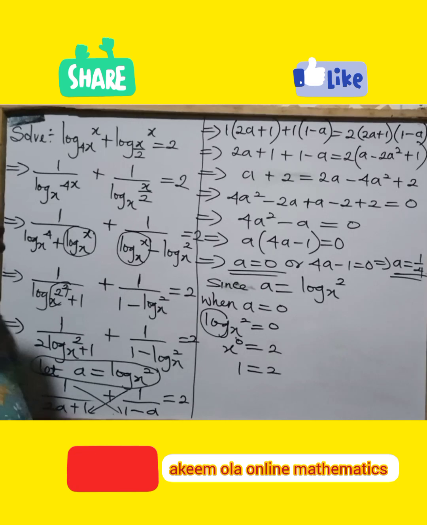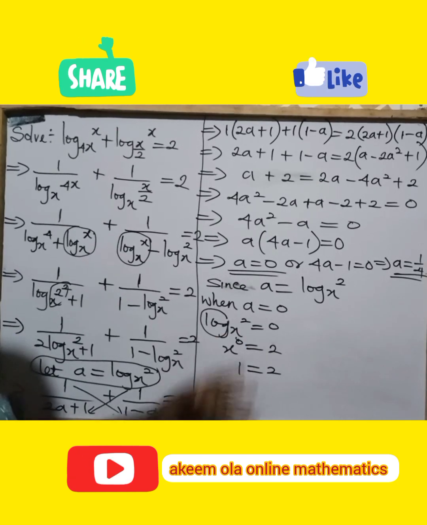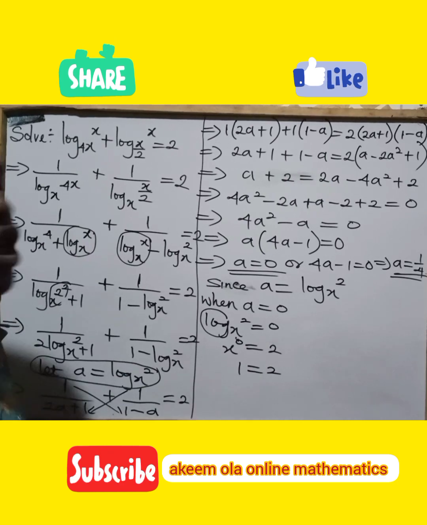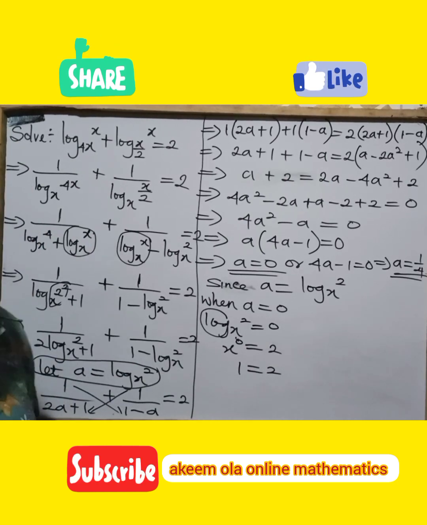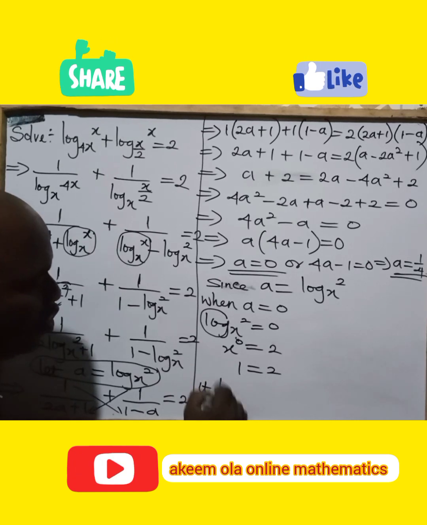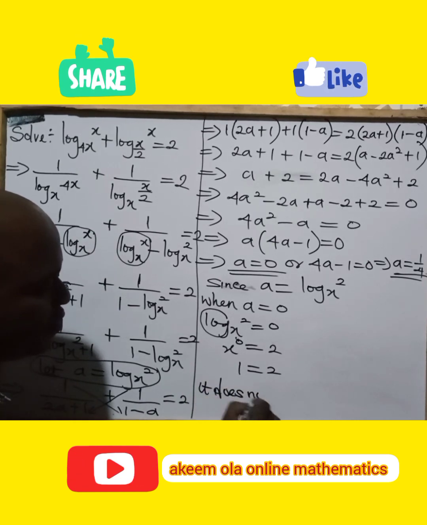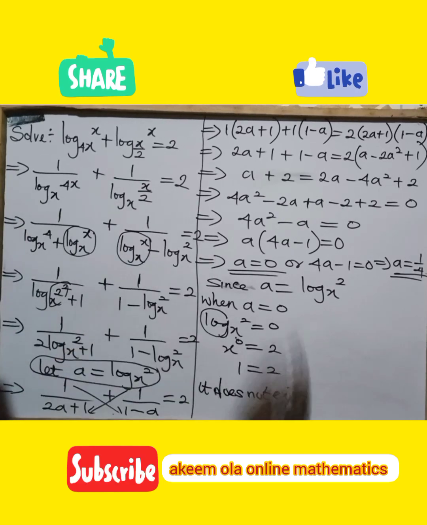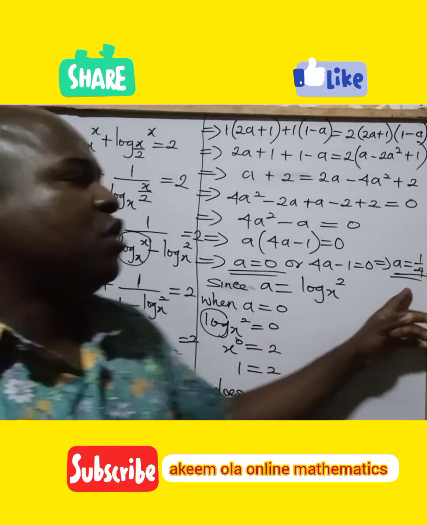This is a false statement. Automatically, a equal to 0 does not exist. We are going to ignore that value of a when it is 0. So I can just write it does not exist.